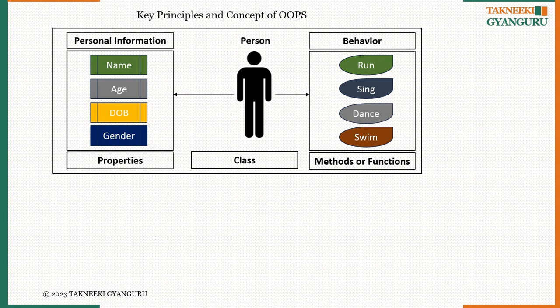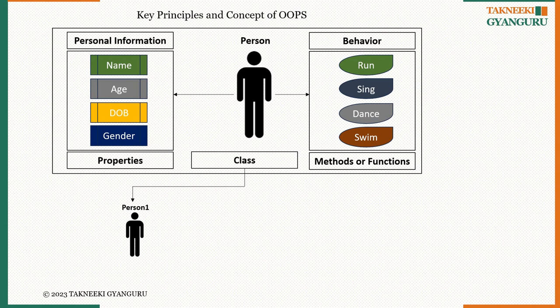Any other behavior we can define here, like he can walk, he can do other things also. Apart from this, in the personal information, we can also add more properties over here. So we are just defining this class as a template or blueprint.